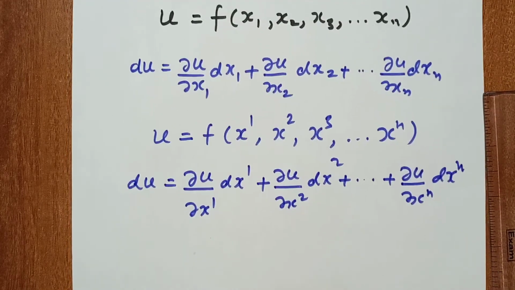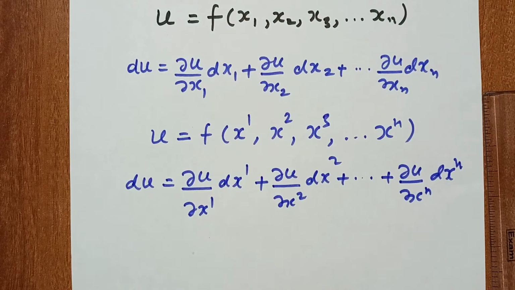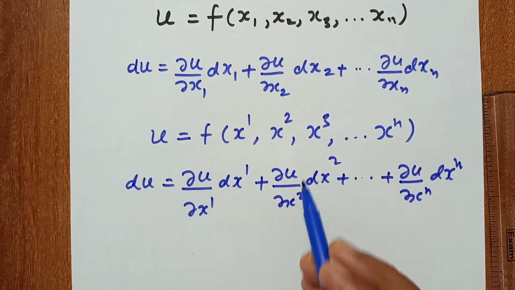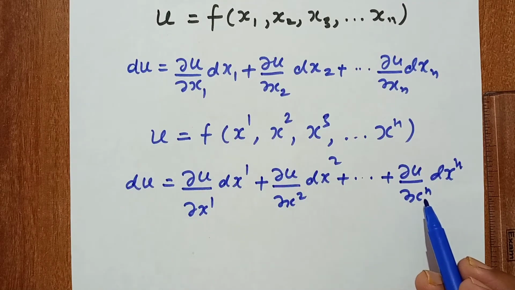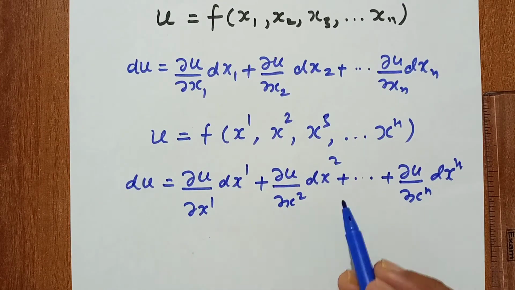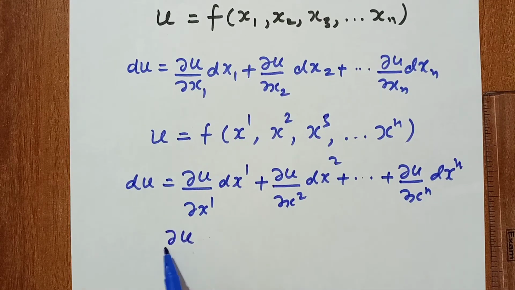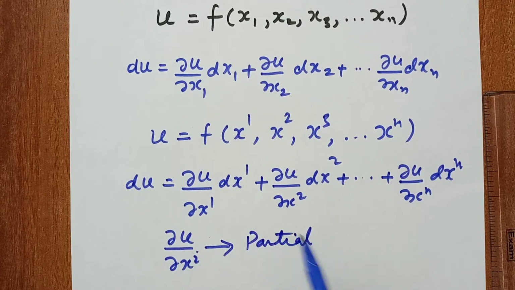Here del u upon del x1, del u upon del x2 up to del u upon del xn are called partial derivatives. Means del u upon del xi is called a partial derivative.